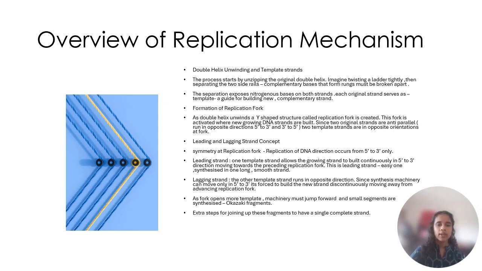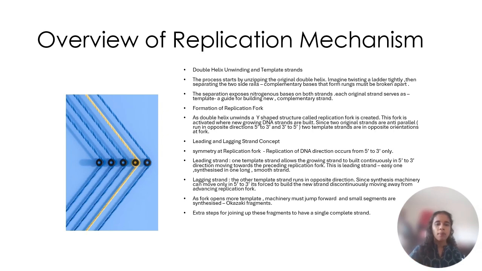In the lagging strand, the other template runs in the opposite direction. Because you can only synthesize from 5 prime to 3 prime, the synthesis will be discontinuous, going away from the advancing replication fork.